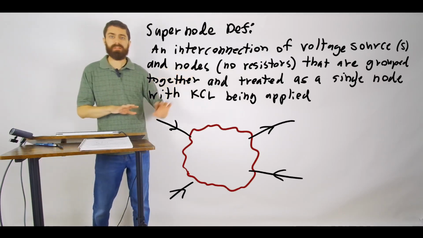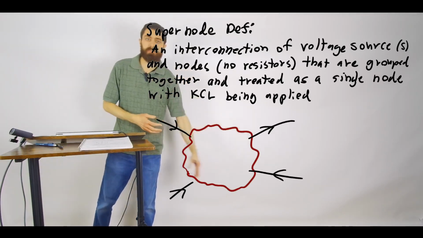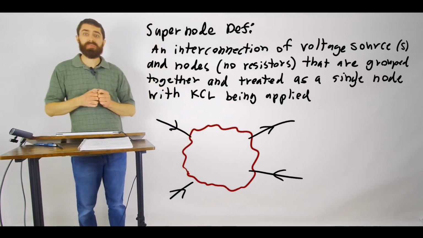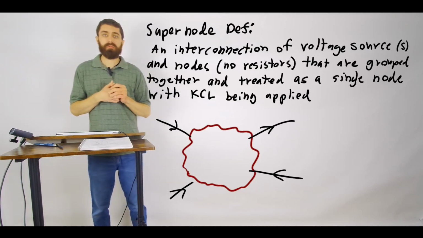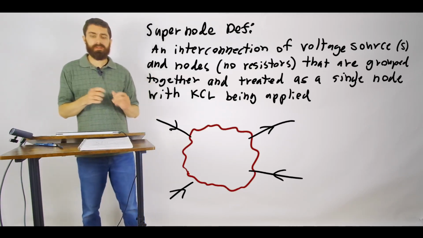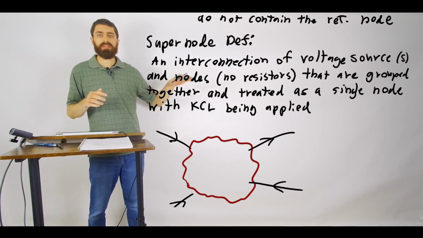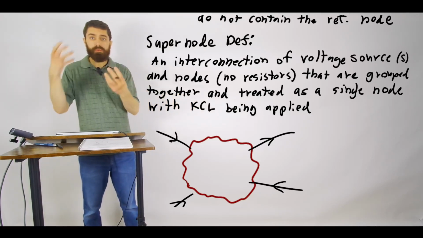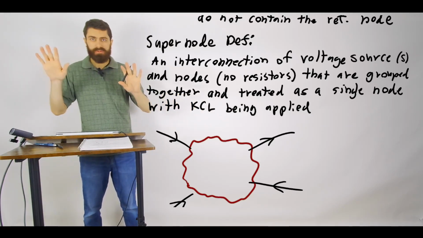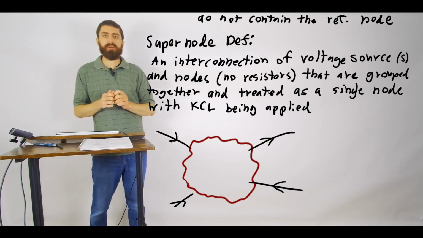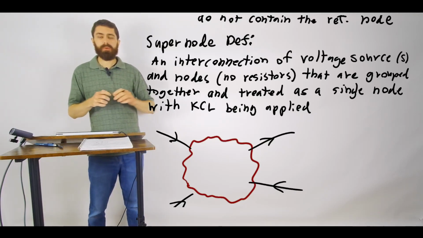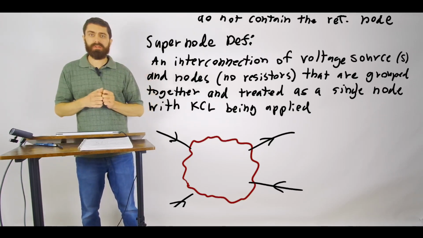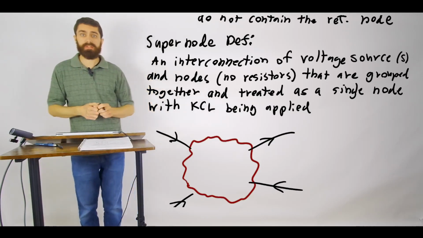So the sum of all the currents going into this mysterious blob is equal to 0. We can do that with a supernode. We group together an interconnection of nodes and voltage sources, no resistors, just nodes and voltage sources, and we treat them as a single node, summing all the currents going into it by applying KCL.